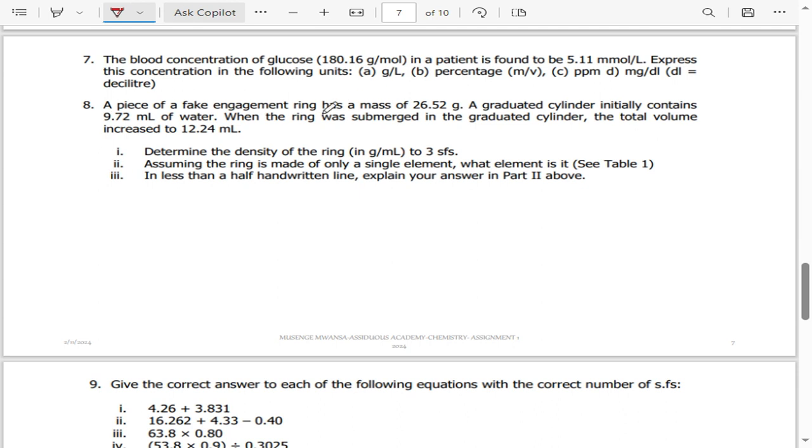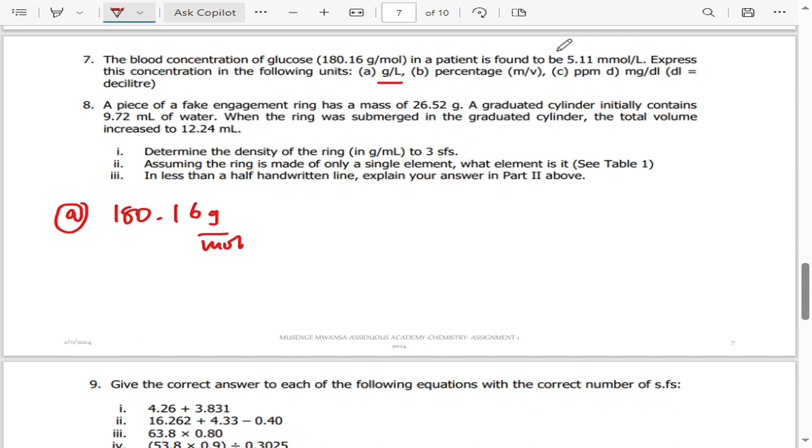So to start with the first one, we want to express the unit in grams per liter. Now look, already you've been told that the glucose concentration, this number in brackets, is 180.16 grams per mole. Now I want the answer in grams per liter, so I don't want the mole in the denominator.